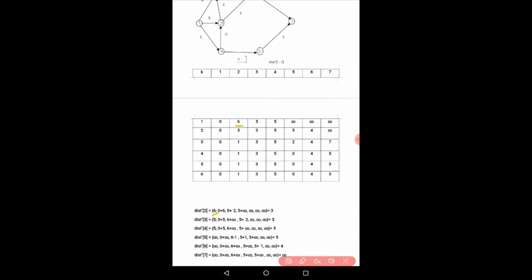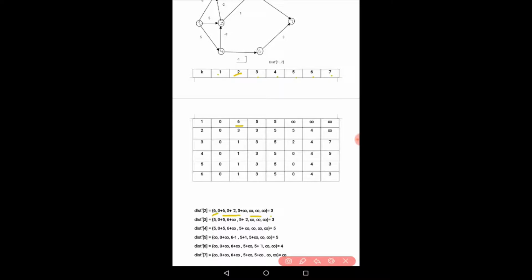Then we have to take the distances from all the remaining vertices. We are doing this for vertex 2, and the remaining vertices are 1, 3, 4, 5, 6, 7. From all the other 6 vertices, we have to write the distance values.